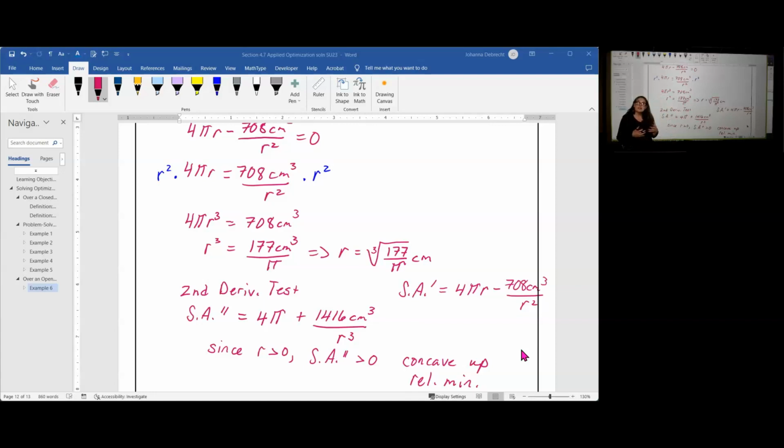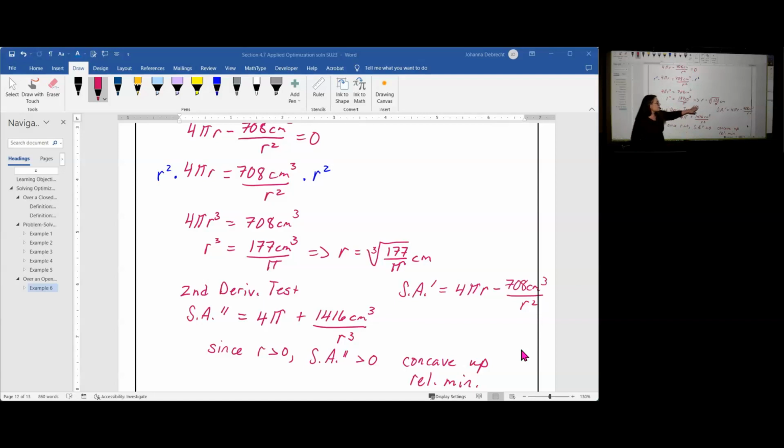Note that I don't even need to plug in the value. 4 pi is positive, r is positive, so r cubed is positive, so the second term is positive. That means that the second derivative is positive for all values of r, which means that it must be concave up, and this must correspond to a relative minimum. I am trying to minimize surface area in order to minimize cost.